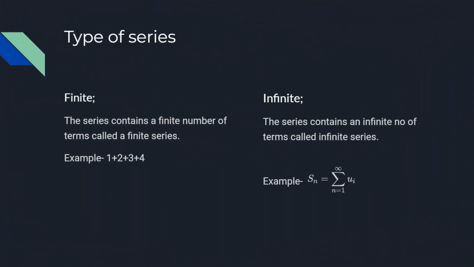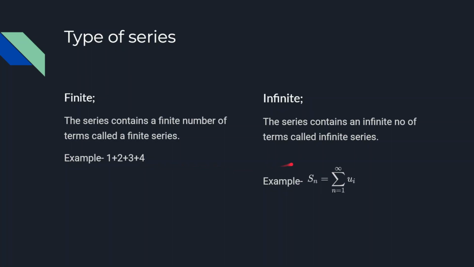Now, two types of series we will learn. One is finite series and another is infinite series. If the series contains a finite number of terms, it is called a finite series. For example, 1 plus 2 plus 3 plus 4. This series contains 4 terms, so this is a finite series.